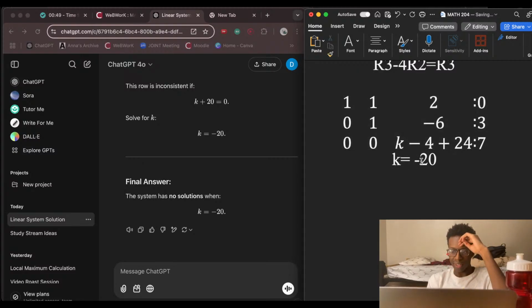So this is negative 20 because you have k equals to k plus 24. 4 equals to, oh wow, this is close. K plus 24 equals that. K equals to negative 24. Boom. So negative 20. Sorry.